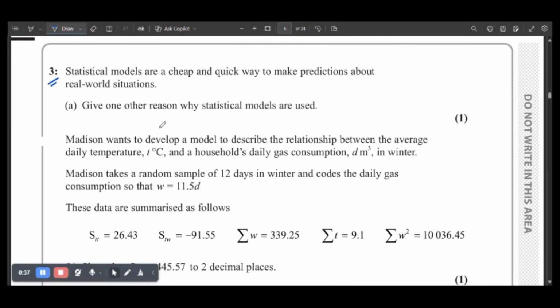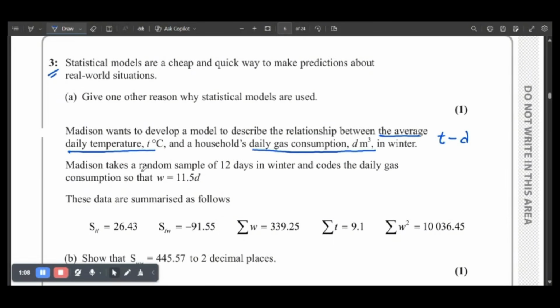For part B, we are given additional information. Madison wants to develop a model to describe the relationship between the average daily temperature T and a household's daily gas consumption D meter cube in winter. So the two variables that we are discussing here are T for temperature and D for gas consumption.